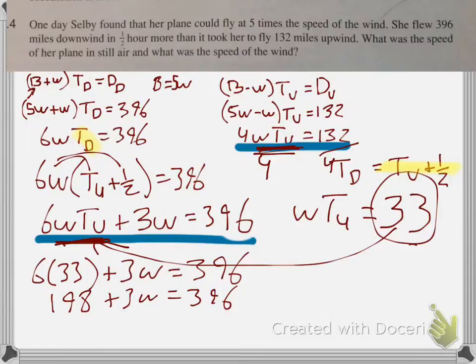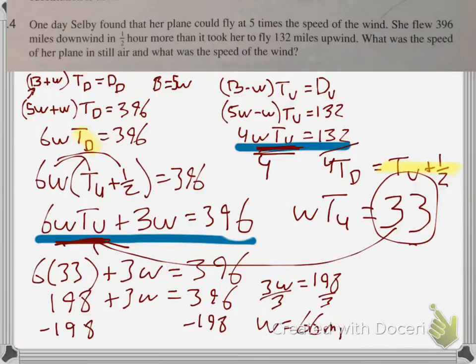And then minus 198 minus 198. 396 minus 198, so 3W equals 198. Divide both sides by 3. The speed of the wind is 66. That is the speed of the wind.